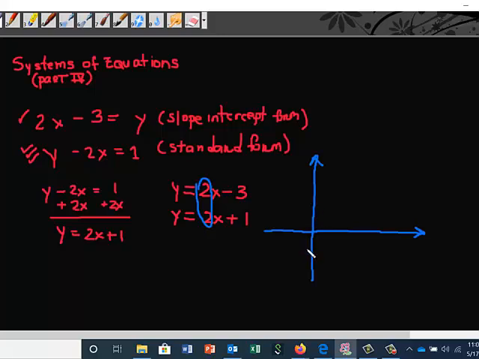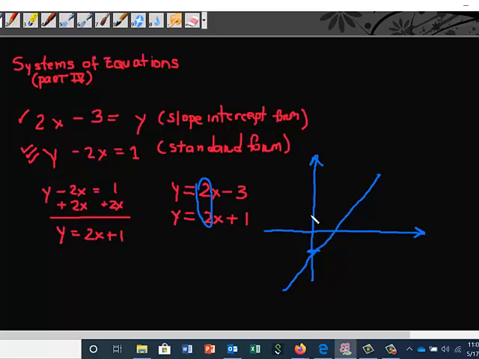So we have our y-intercept is 0, -3. So that's somewhere around here. I'm going to extend the line, and the steepness of the line is going to be something like this, using the rise over run method.